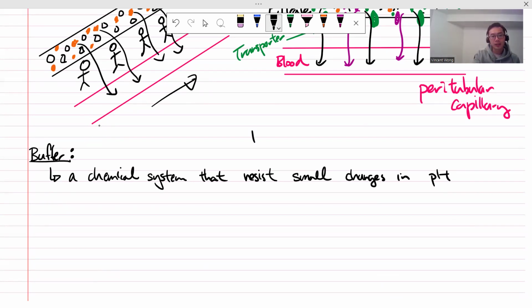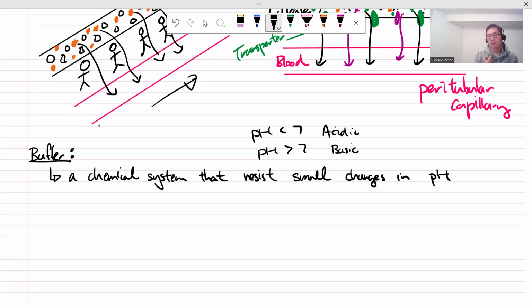And just so we are clear, when pH is less than 7, it's acidic. So like lemon, vinegar, those are acidic stuff. When pH is greater than 7, it's basic. So ammonia, bleach, soap, these are basic stuff. And pure water is 7, which is neutral.